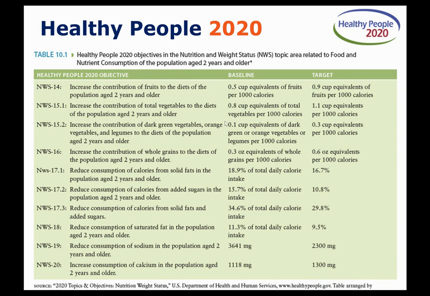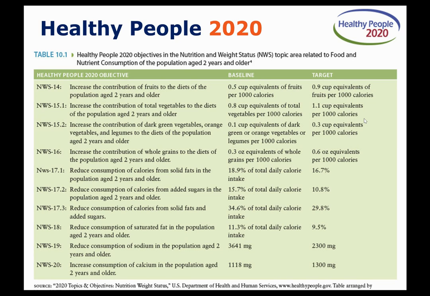Or for fruits and vegetables, we know that children and adults don't meet the vegetable intake for age groups. So here at baseline, it was 0.8 cup equivalents of total vegetables per 1,000 calories, and the target is 1.1 cup equivalents per 1,000 calories, which is in line with the Dietary Guidelines for Americans recommendations.